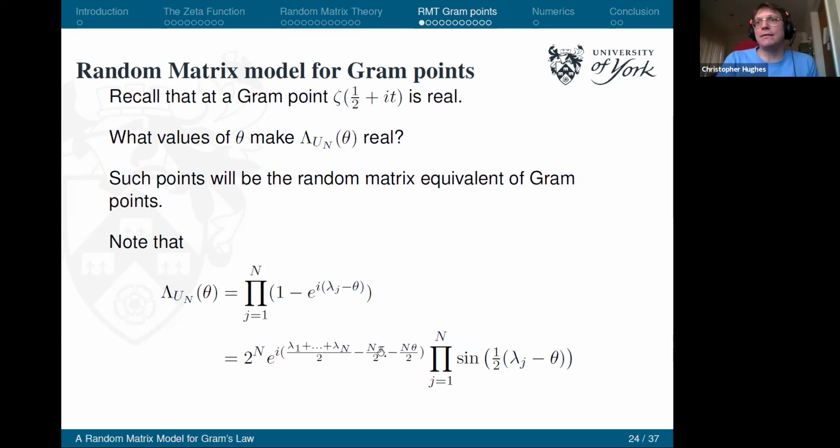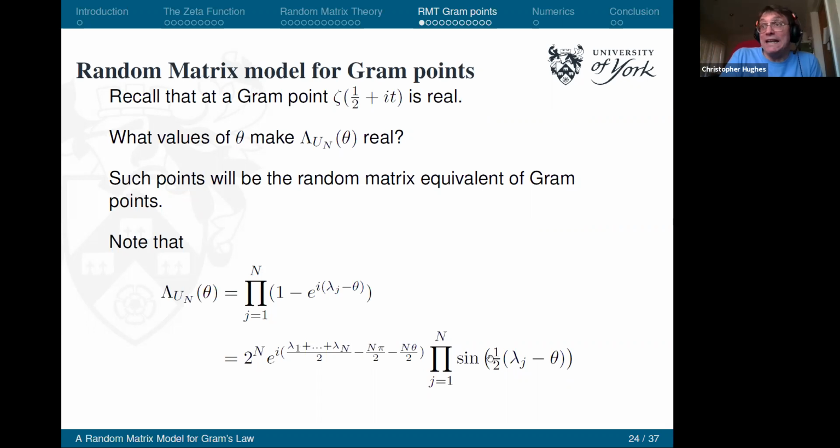And then there's a factor of i that comes out, well, 2i, in order to turn this into a sine. So you see the 2 to the n, I'm going to ignore you, you're real. Sine of (lambda_j minus theta)/2, well, that's real, and that's going to vanish when theta equals an eigenvalue. So that's kind of like the zeros of zeta.